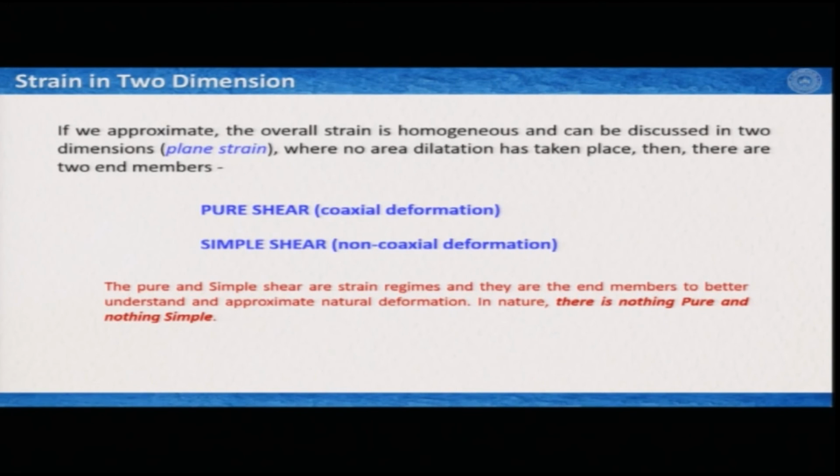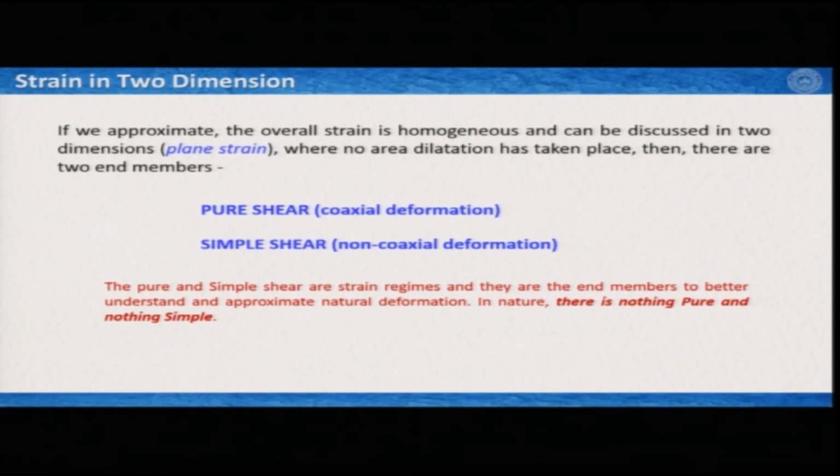If we approximate that the overall strain is homogeneous and can be discussed in 2 dimensions, that means it is plane strain, your y-axis has no deformation, and no area dilation has taken place. Then the entire range of 2-dimensional homogeneous, area-constant deformation has 2 end members. One is pure shear, sometimes referred to as coaxial deformation, and another is simple shear, or non-coaxial deformation.